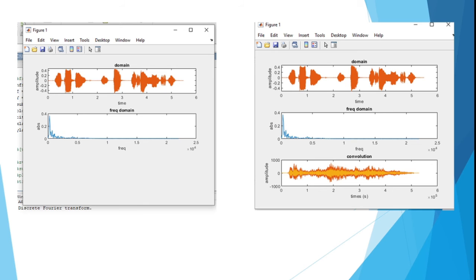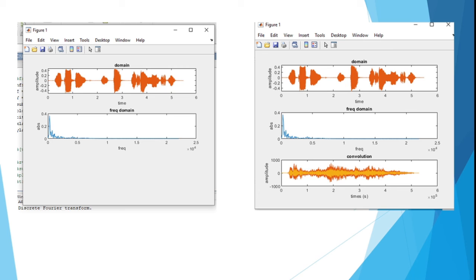Today I am going to present the results of this project. In this slide we can see two diagrams: the left hand side is Hasik's voice, and the right hand side is the guitar sound, with the convolution of these waves. Let's see the left hand side diagram first.